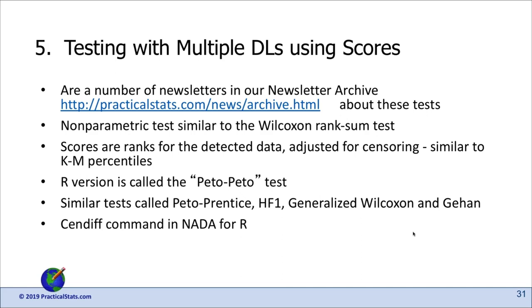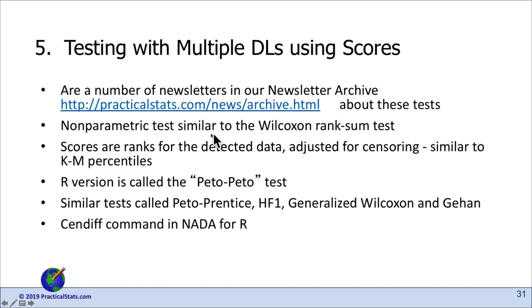So it's going to use the information in the proportion of data below 1 and the proportion of data below 5 to rank data like values between 1 and 5 that are detected. Thinking of them as percentiles, those percentiles are adjusted for all the proportions of data below 1, below 5, and below any other detection limit that is there.